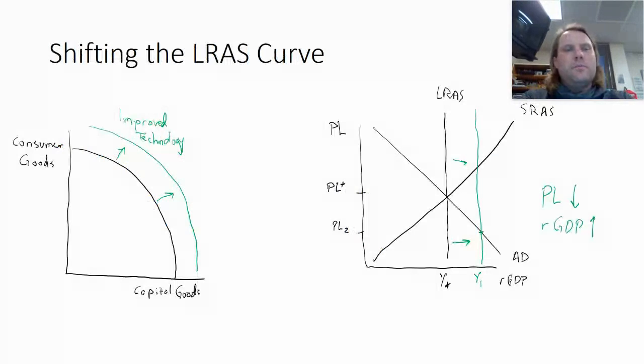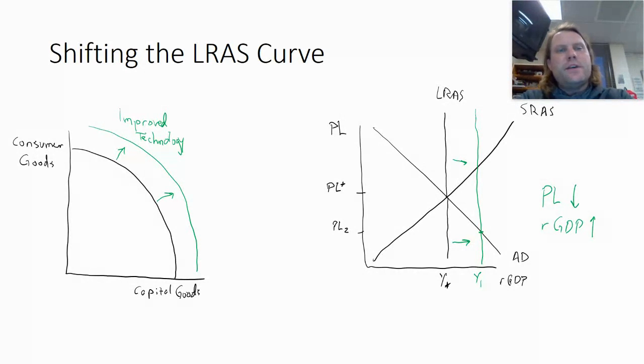So I have some examples here. Obviously, I just labeled our production possibilities graph as consumer versus capital goods. And then I drew over here what we could draw on our macroeconomic graph to show what's going on.